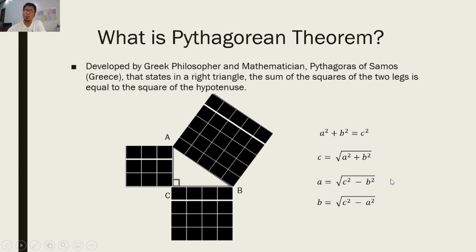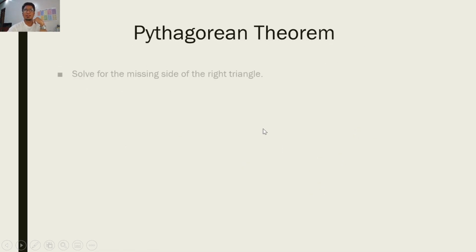B is equal to the square root of C squared minus A squared. So these formulas, eto. This will be beneficial po sa atin pag sides ng right triangle ang hinahanap po sa atin. Okay? So tingnan po natin.